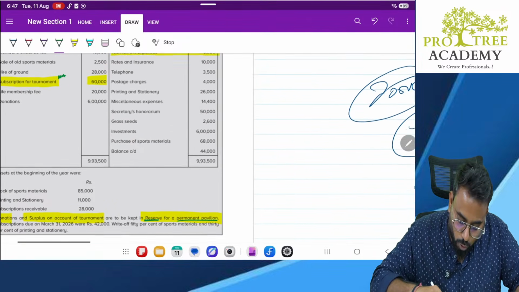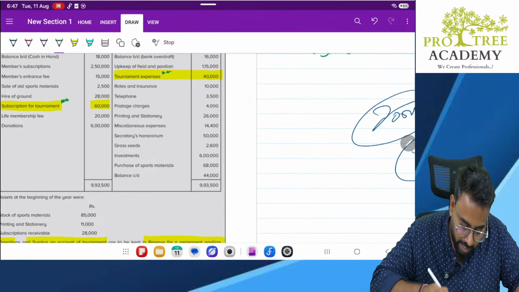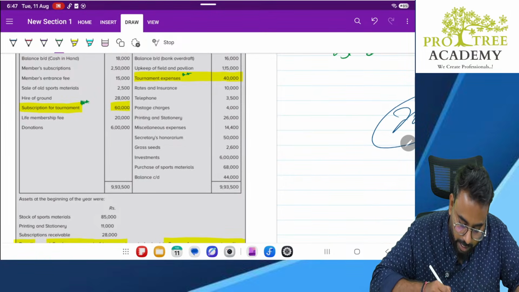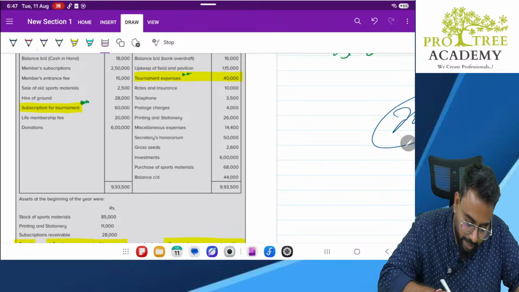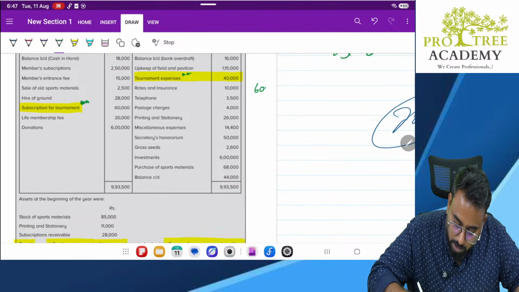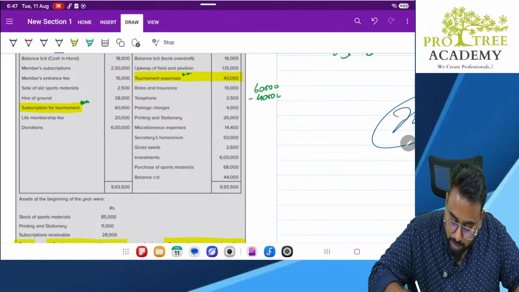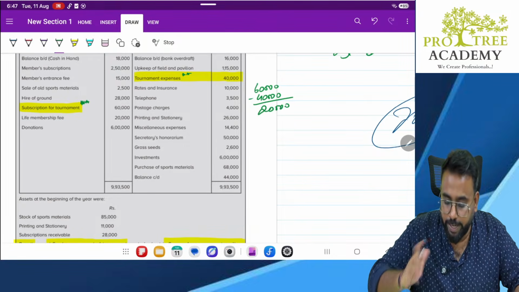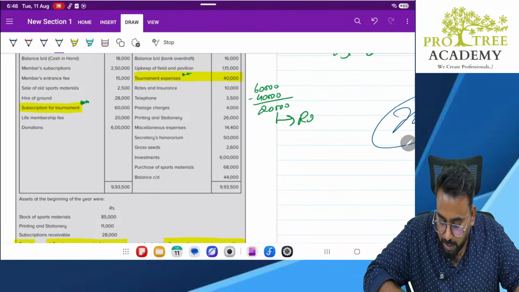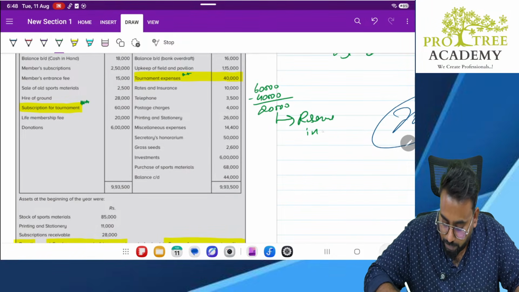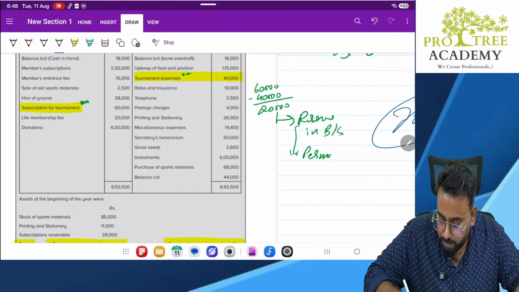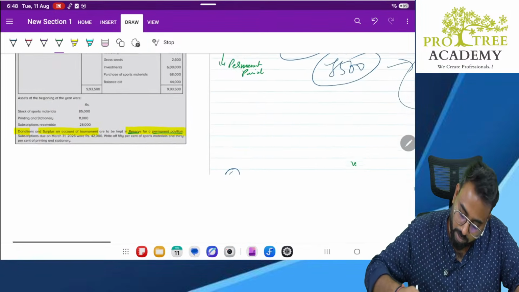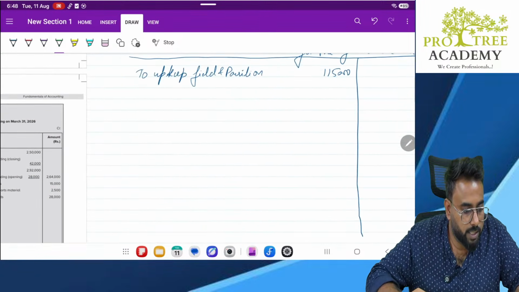So this tournament expenses should not be taken as expenditure, rather it should be adjusted against our subscription for tournament, and any excess money left with us. Will there be any excess left? Yes. Out of 60,000, the expenses are 40,000. The remaining 20,000 will not become our income, rather it is kept as reserve in our balance sheet. Reserve for what? Reserve for permanent pavilion. So this will not come in our income and expenditure. Clear? Okay.